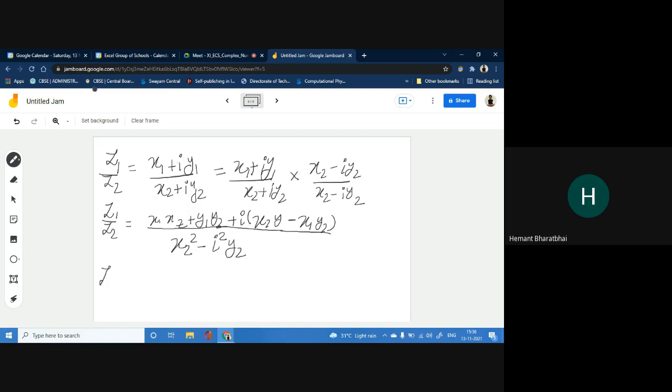Then I separate the real part with the real part and the imaginary part with the imaginary part. So this can be written as x1 x2 plus y1 y2. This was the real part, upon, this i square is minus 1, minus minus becomes plus, so this will be x2 square plus y2 square.